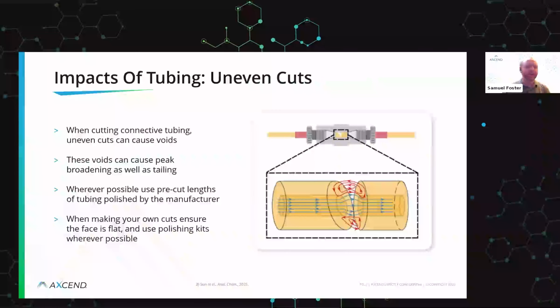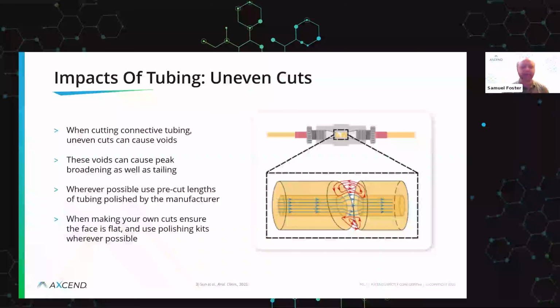Now, this is another area that can be of considerable band broadening, and that is uneven cuts. A lot of capillary scale came from the use of coated fused silica capillaries. And with those, typically you would cut them with some sort of ceramic edge, and that produces a very easy cut. And so tubing can be modified to the desired length.